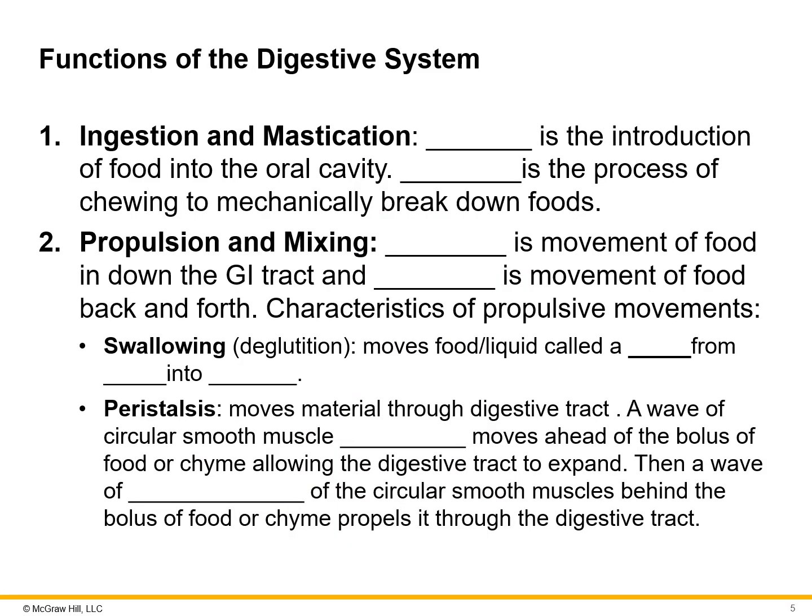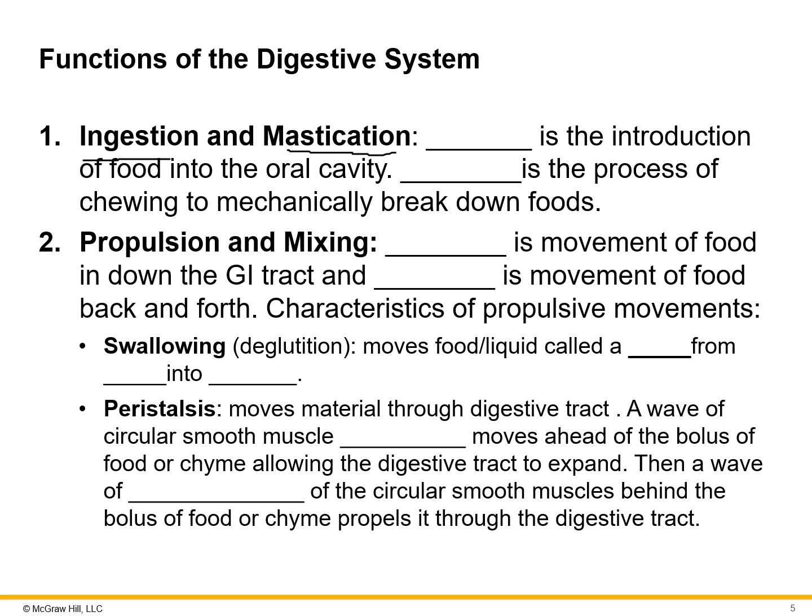So the process of digestion first involves something known as ingestion. To ingest something is to introduce this material into your oral cavity, and to masticate means to chew the food.